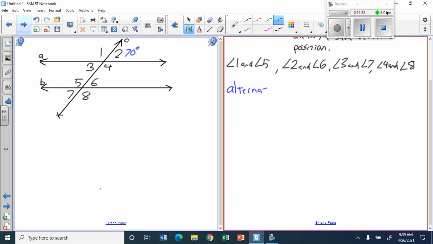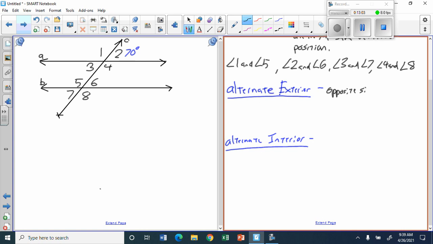Now, the other ones that they give us in this book, alternate exterior and alternate interior. Alternate exterior, alternate interior. So by alternate, we're talking opposite sides of transversal.